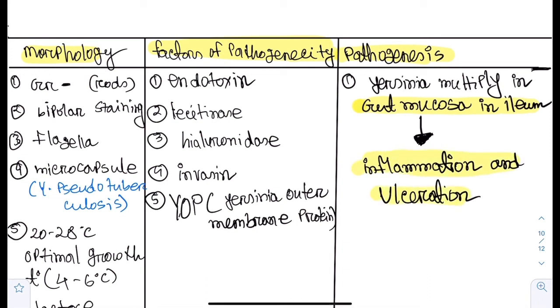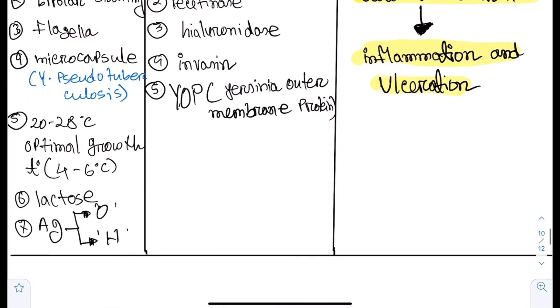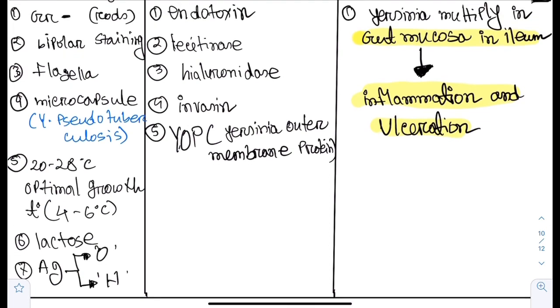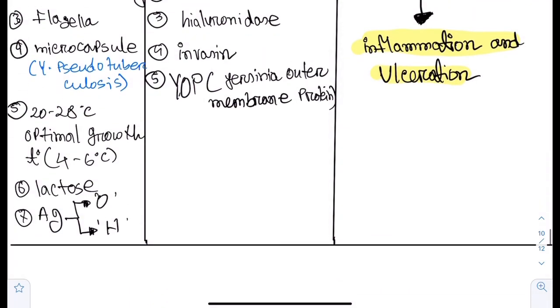So we need to remember that Enterobacteriaceae are actually gut bacteria, so they are most likely to cause diarrhea. There is one interesting thing about Yersinia: as we know, bacteria need normal human body temperature to multiply.